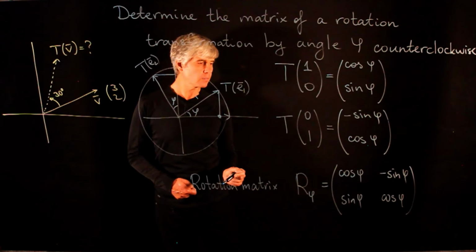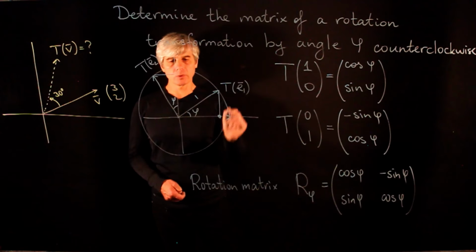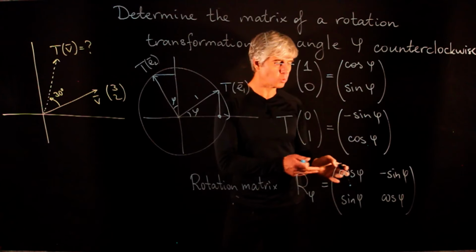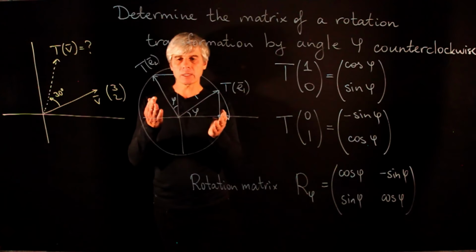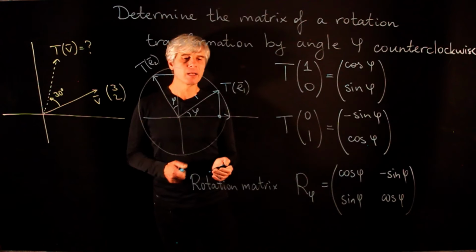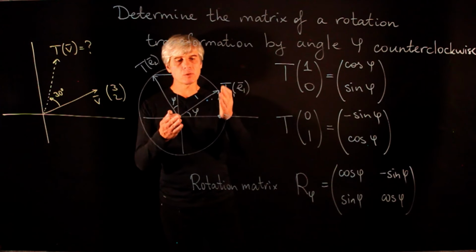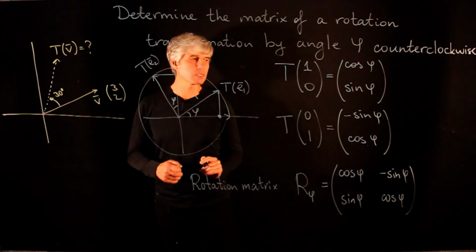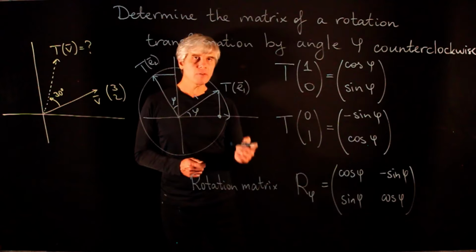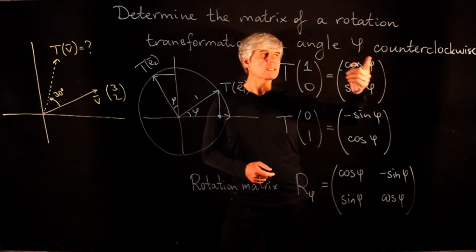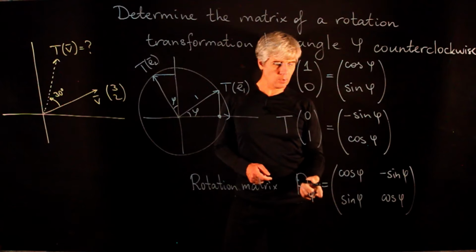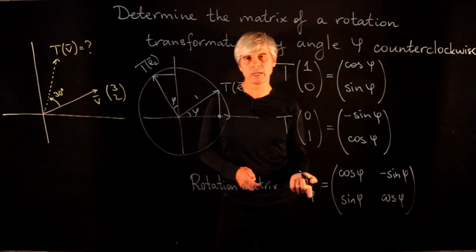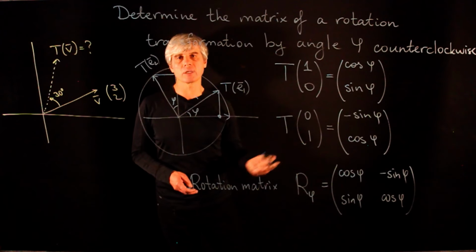But it's also good practice, instead of just memorizing this matrix, to remember this diagram and be able to determine the matrix from it. If we need to rotate something clockwise, all we have to do is switch the sign of phi, right? So we use negative angles for clockwise rotation.